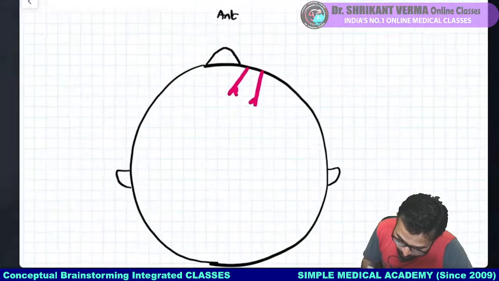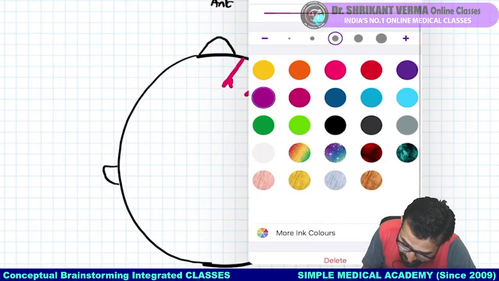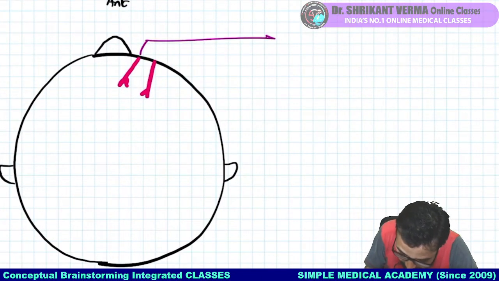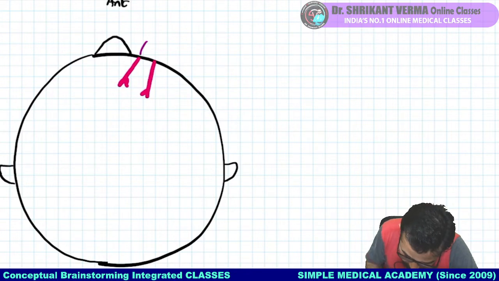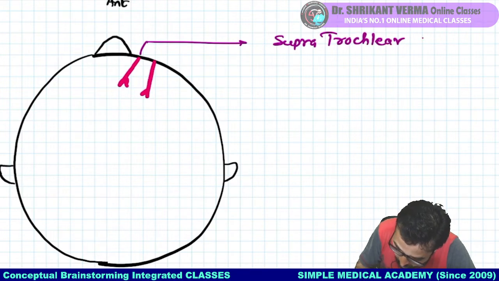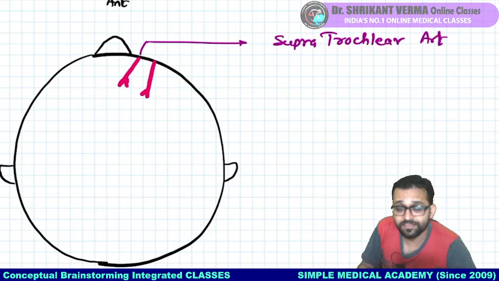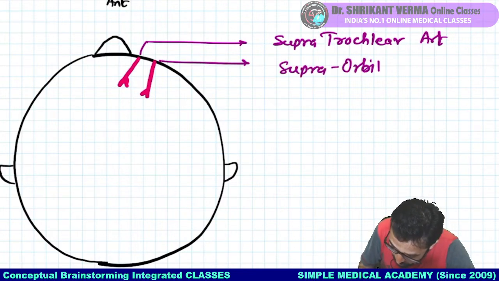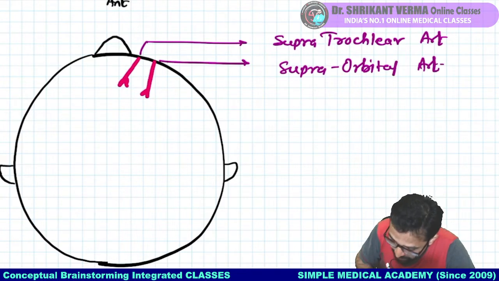So we are going to indicate the same arteries here. These are our supratrochlear artery. And then another artery is near the orbit, that's why supraorbital artery.